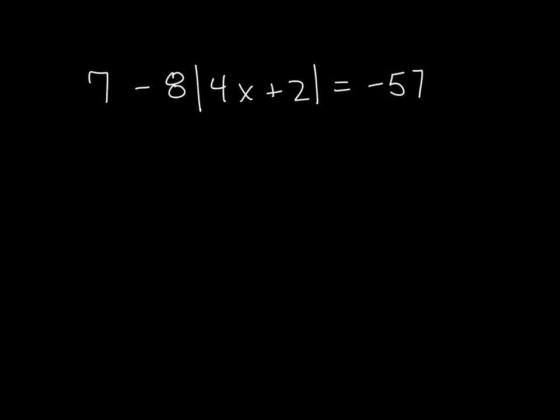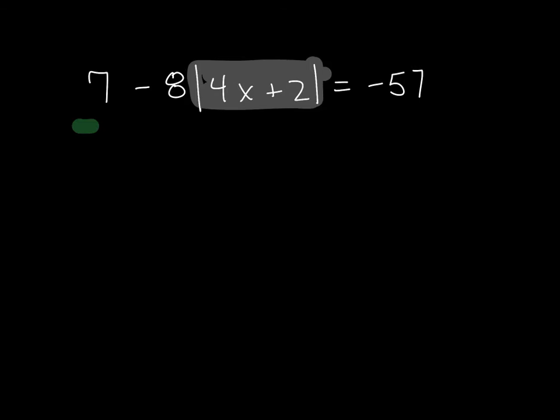All right, let's try another one of them. And again, we're trying to get everything in between those absolute values all by itself first. The way we start is by subtracting 7 from both sides.